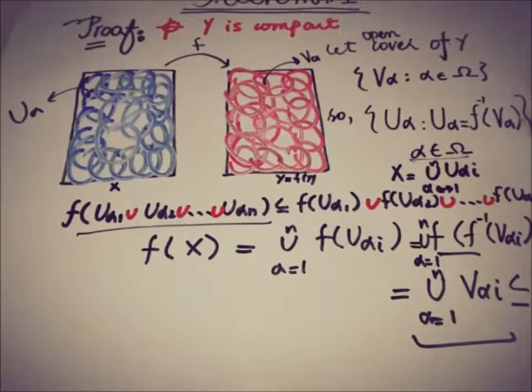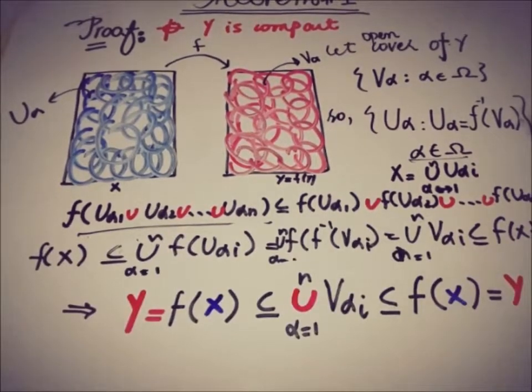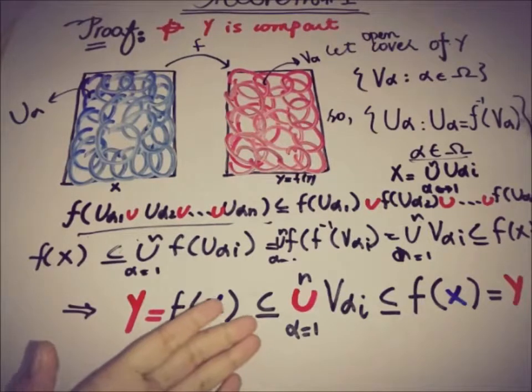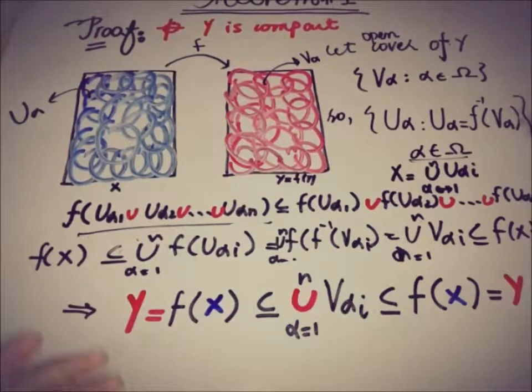Now we have that f of X is a subset of the union of V alpha i, where i goes from 1 to n, and that is a subset of f of X by definition.